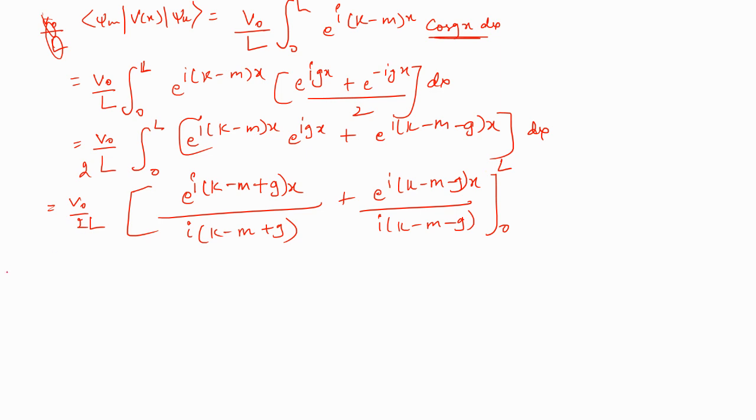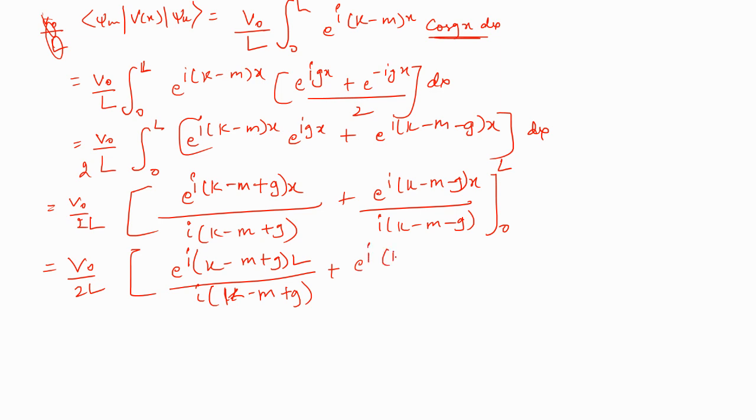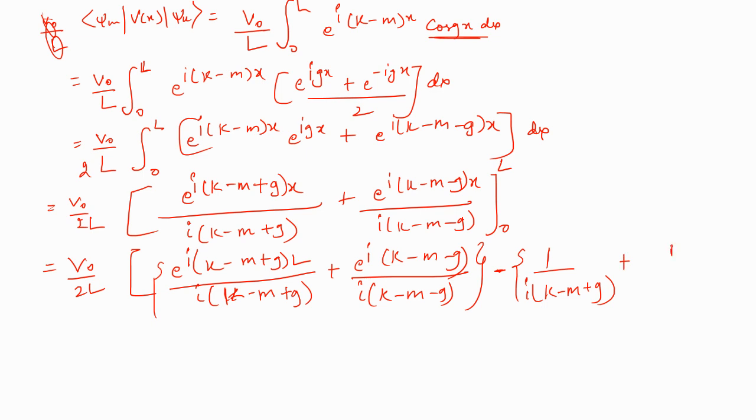This goes from 0 to L. V naught by 2L is equal to e raised to the power iota k minus m plus g L upon iota k minus m plus g, minus e raised to the power iota k minus m minus g L upon iota k minus m minus g. Then minus, if you put x equal to 0, the numerators become 1, so 1 upon iota k minus m plus g plus 1 upon iota k minus m minus g.